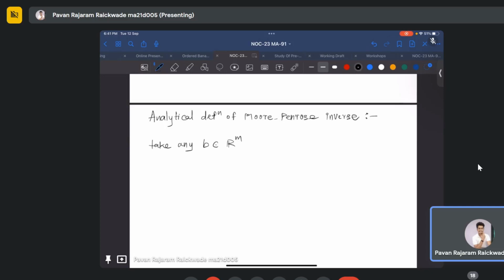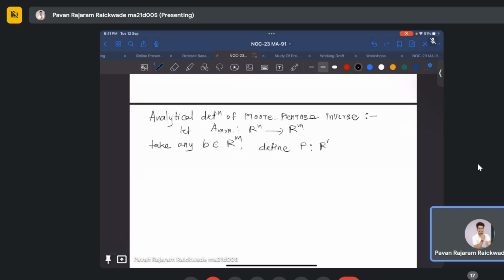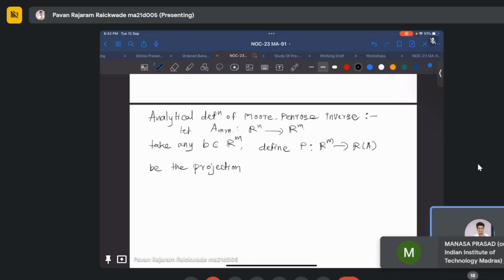If A is an M cross N matrix, hence this will map Rn into Rm. So take any B belonging to Rm, and define PB from Rm to the range of A with the projection, in brackets, that will give you the best approximation as I have defined earlier.